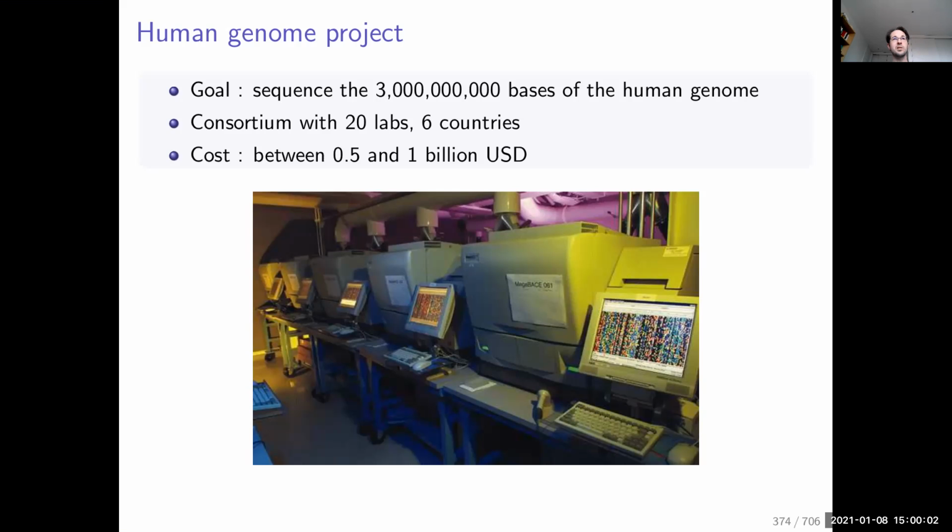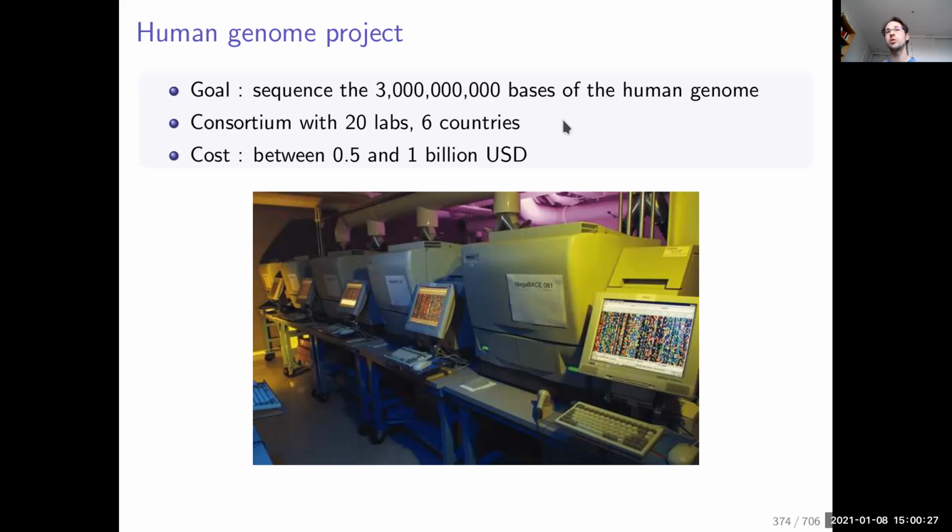Now comes the genetic sequencing technology, which produces lots of data. The Human Genome Project started in the 90s, and the goal was simply to sequence the 3 billion bases of the human genome. If you take our pairs of chromosomes, there are about 3 billion bases.